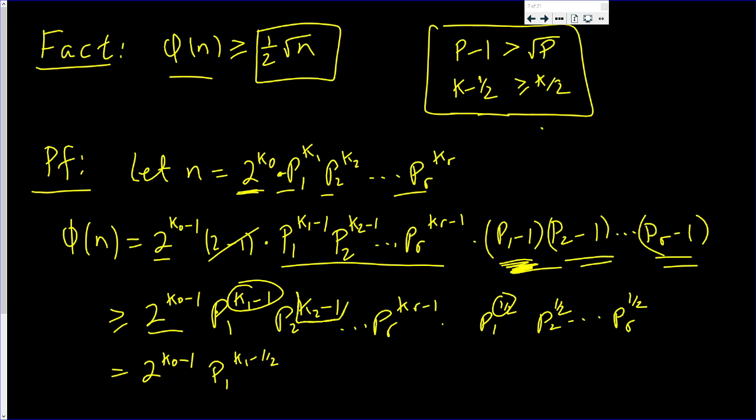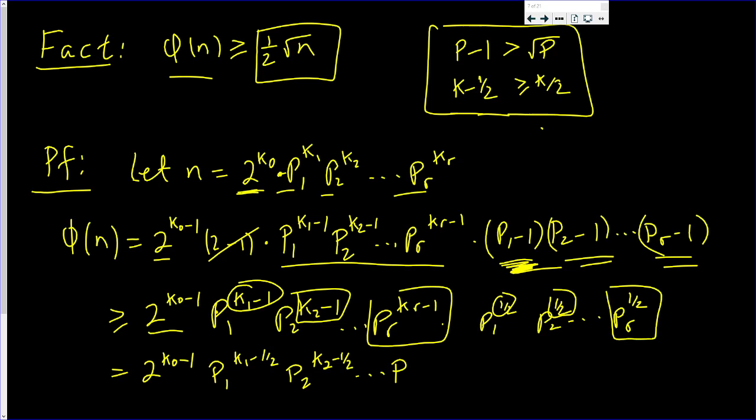We have k2 minus 1 plus a half, p2 raised to the k2 minus a half, all the way up to pr to the kr minus a half.